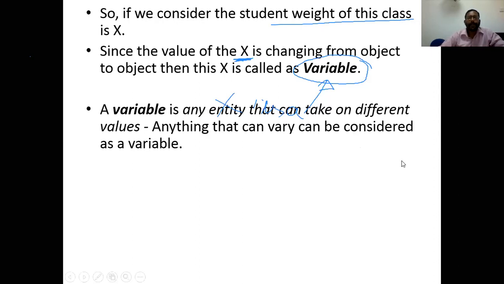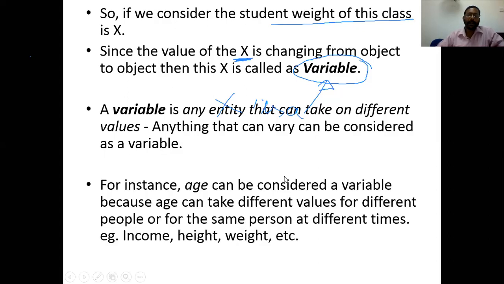A variable is any entity that can take on different values. Anything that can vary can be considered a variable. So the same definition as earlier: any entity that can take on different values is called a variable.